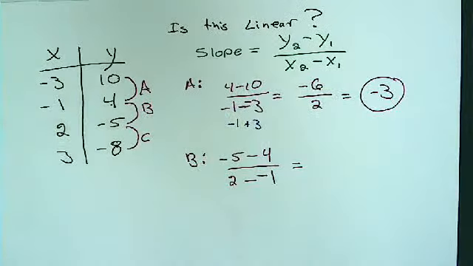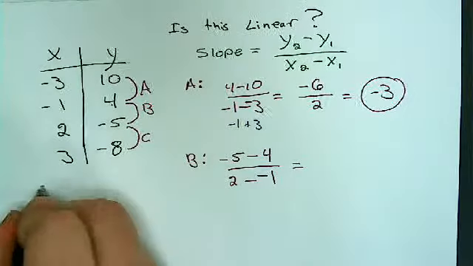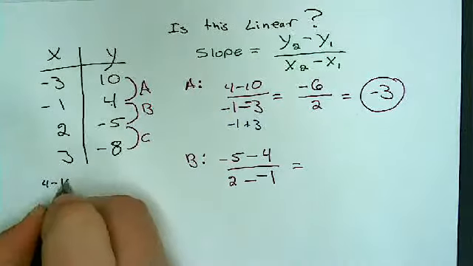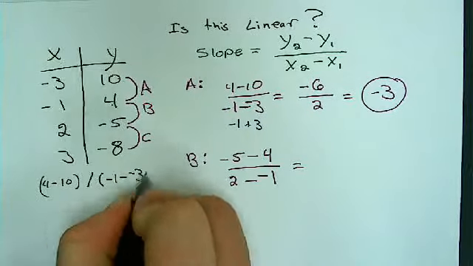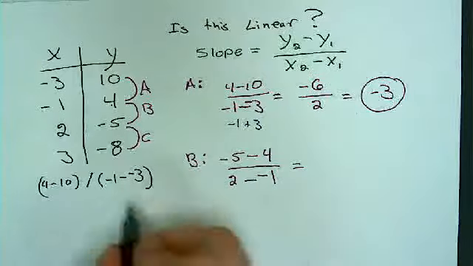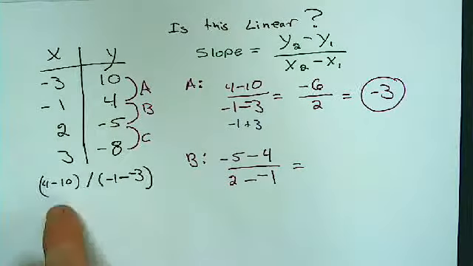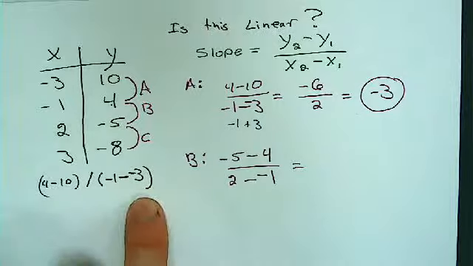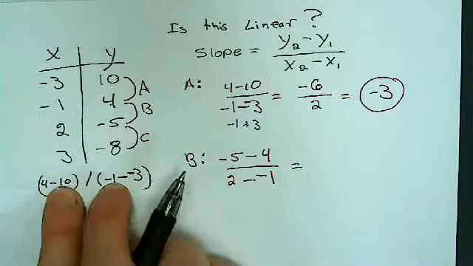So if you use a calculator, you have to type it in like this: 4 minus 10, parentheses, divide, parentheses, -1 minus -3. That should kick out a -3. Remember this is a minus, and these are the negative buttons. You have to use the parentheses to group it, because otherwise your calculator will do order of operations.